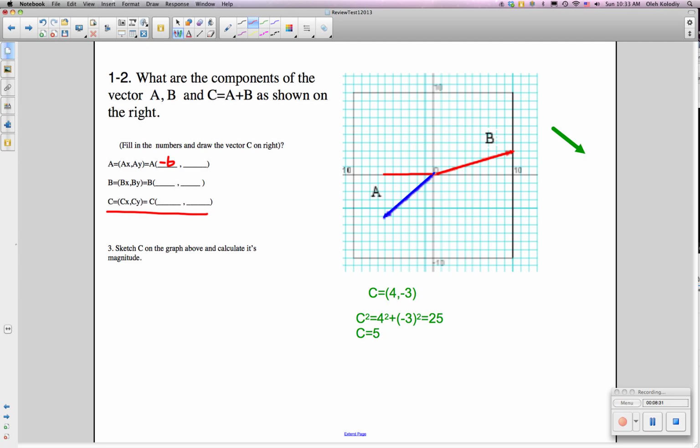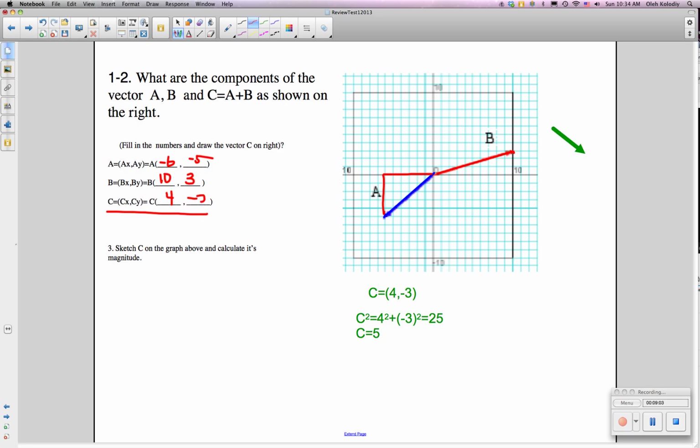The x component of B is going to be 10, and the y component of B is going to be 3. So the x component of their sum is going to be 10 plus minus 6, which is 4, and 3 plus minus 5, which is minus 2.